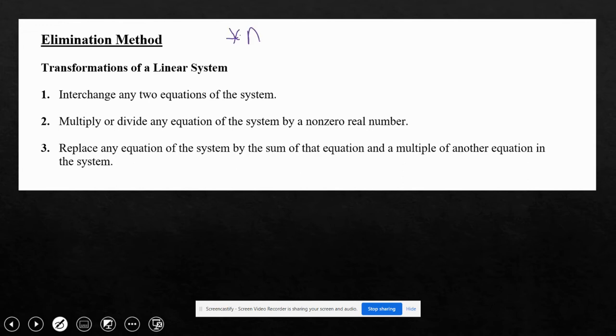You need to make sure that all variables line up.